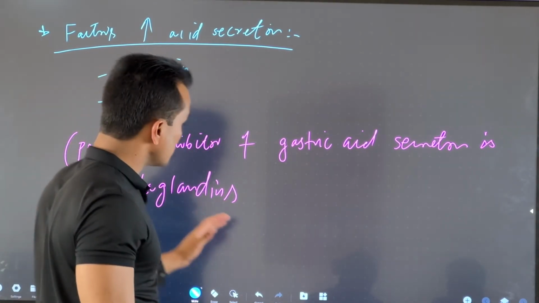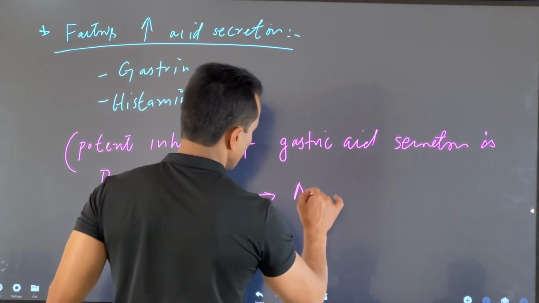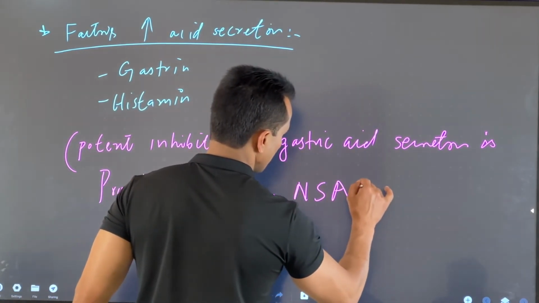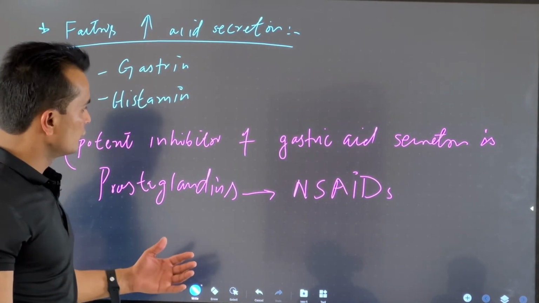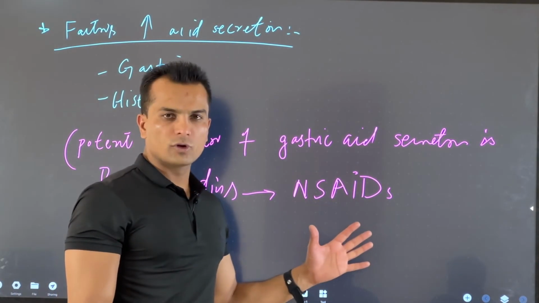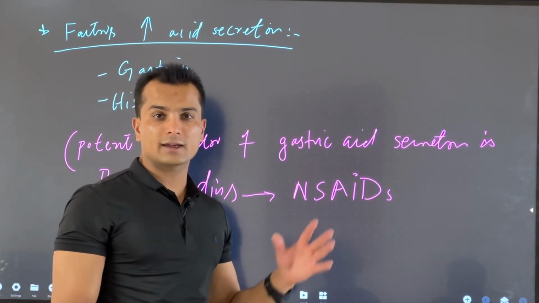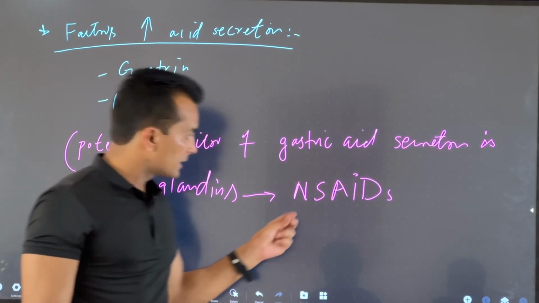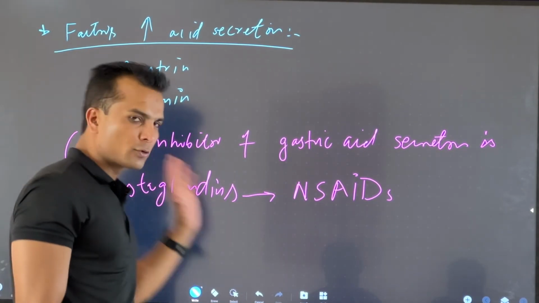And when you take non-steroidal anti-inflammatory drugs, the most commonly abused being paracetamol or aspirin, or if someone has chronic pain like arthritis and is consuming painkillers, non-steroidal anti-inflammatory drugs, these drugs will inhibit the prostaglandins.